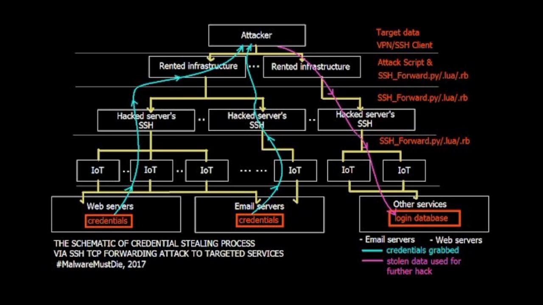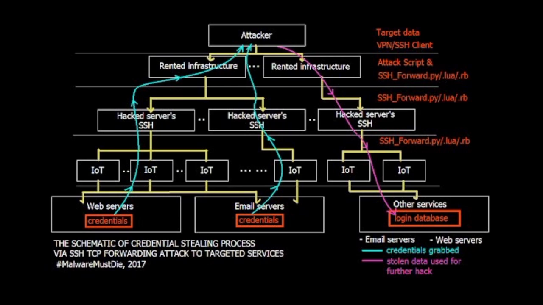He's then going to attempt to hack into an SSH server, and then that server will be the next base of operations, from which he will push into IoT devices or other servers. And then he's going to use these endpoint devices to attempt to steal credentials, whether usernames or passwords. Typically, they're going to try to target web servers, email servers, etc.